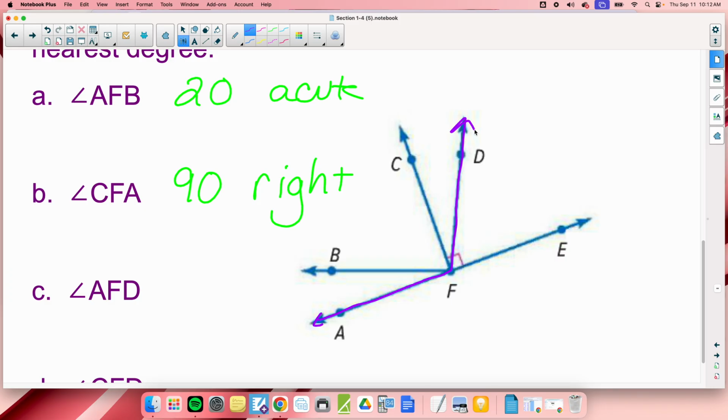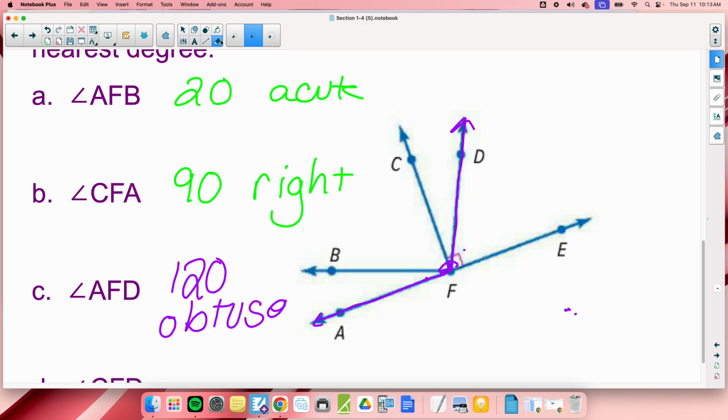That's that angle. Does that look bigger than 90? So do you agree it's going to be obtuse? So when you match that up, do you get about 120 maybe? 120? Okay. Which would be obtuse.